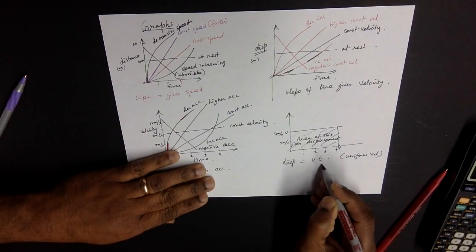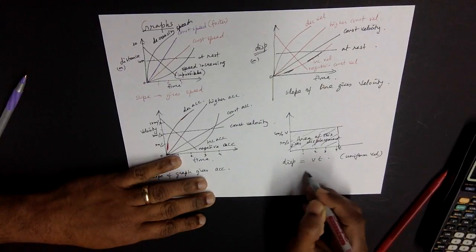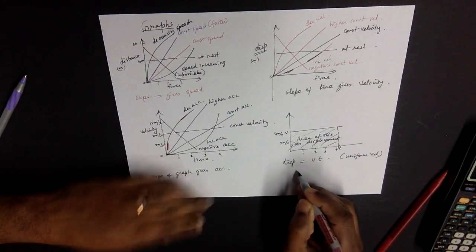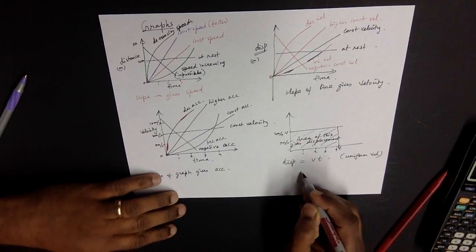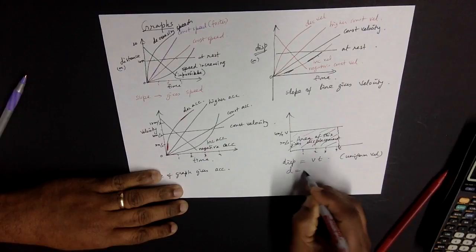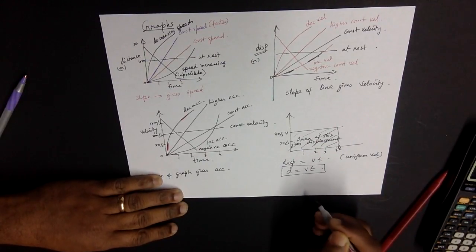So displacement is velocity times time. We symbolize the displacement with the letter x or d. You can use any letter you want. So let me use d. So d is equal to vt. Displacement is velocity times time.